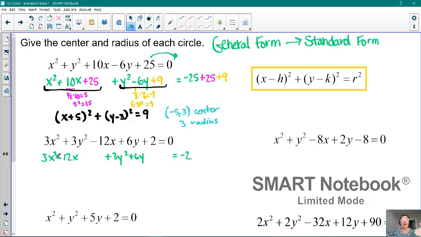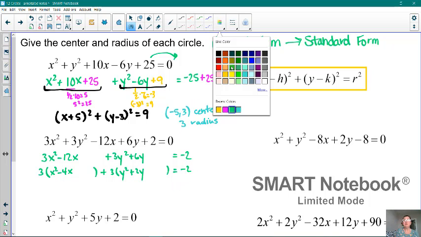So we're going to factor out the lead coefficient to create a 1 there. So that becomes 3 times x squared minus 4x. Leave a space. Factor out the 3. Y squared plus 2y, because 3 times 2 would give me 6. And negative 2. That doesn't affect the other side.